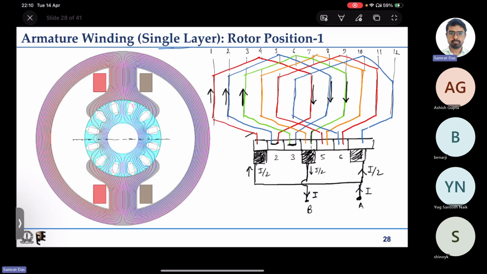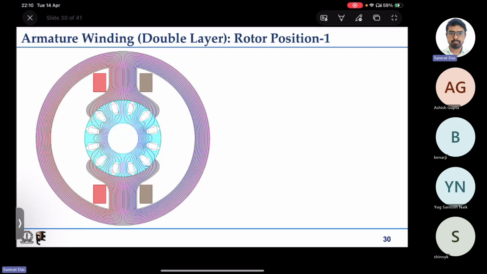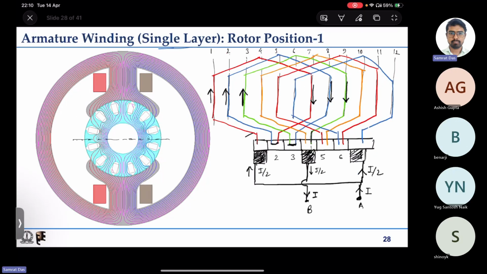Now the other I by 2 will have to start from this one, the other terminal. So this I by 2 will go like this, and it will flow from this blue one, complete its path like this. It will come back here, it will short internally, then through this other red one it will go in the top direction.